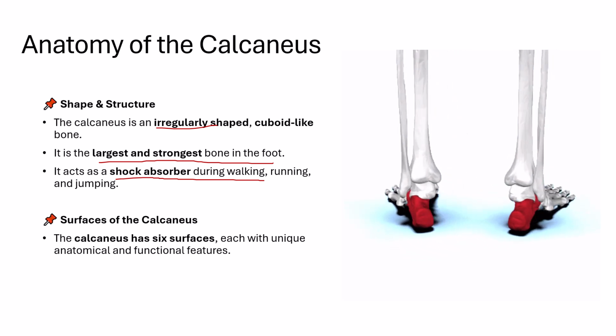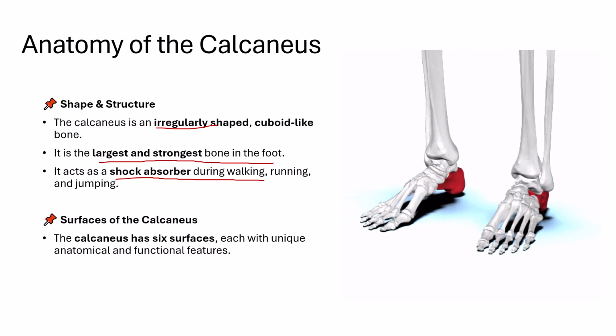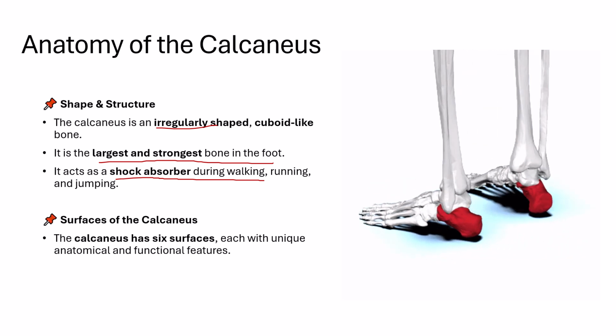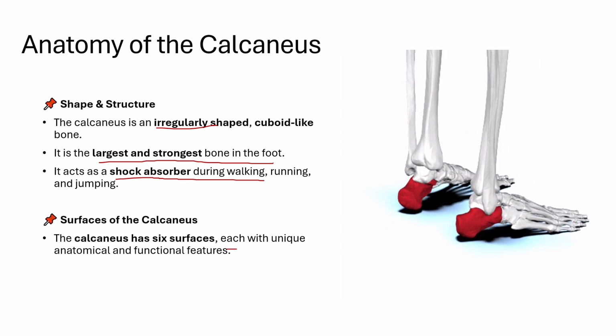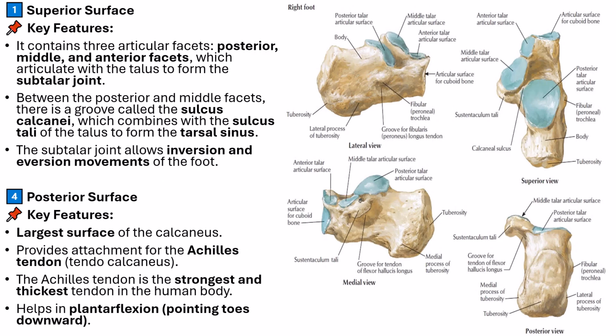When we talk about the surfaces of the calcaneus, it has 6 surfaces, each with unique anatomical and functional features. The 6 surfaces are the superior, inferior, anterior, posterior, medial and lateral surfaces.